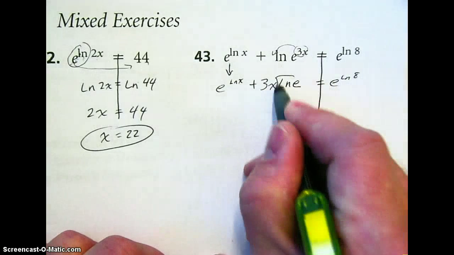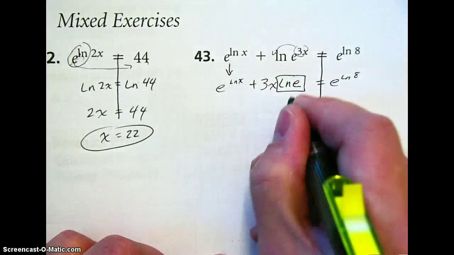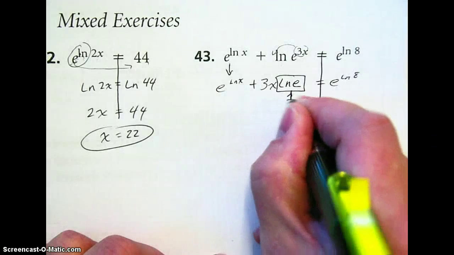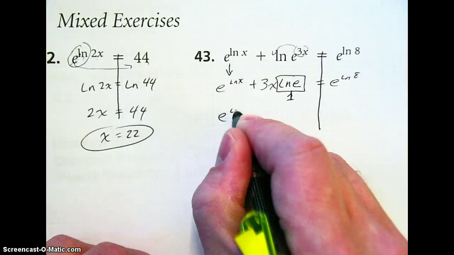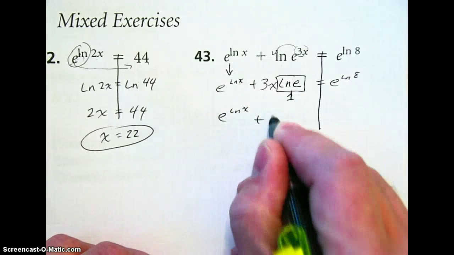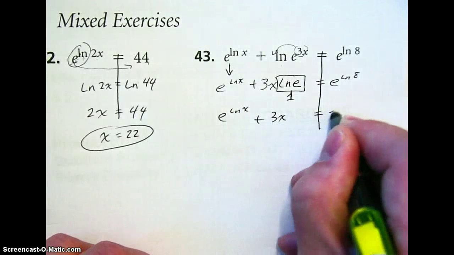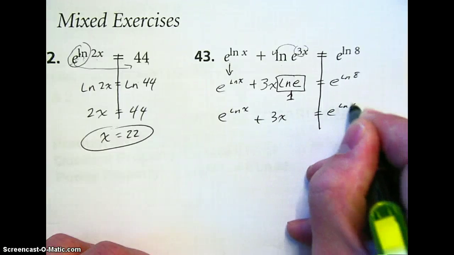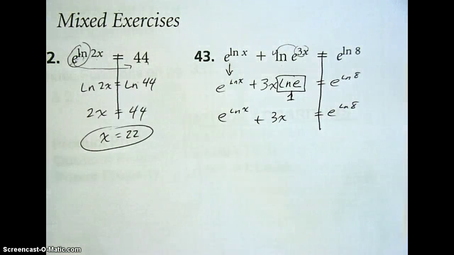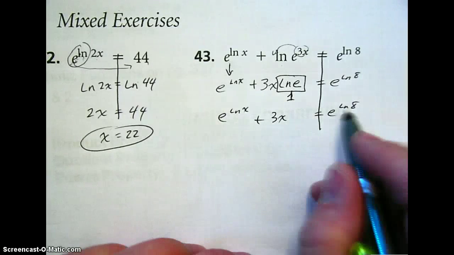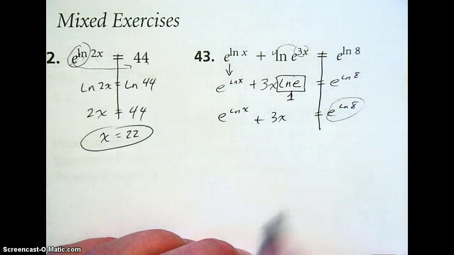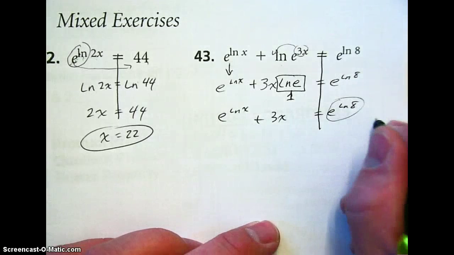This part right here gives us what? 1. All right, so we get e^(ln x) plus 3x equals e^(ln 8). Now from there, let's just treat this as a separate problem for a minute.